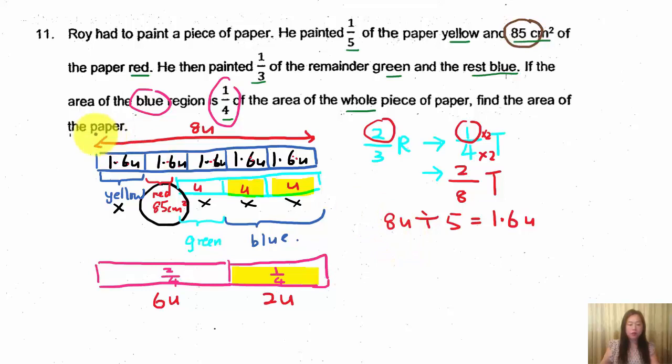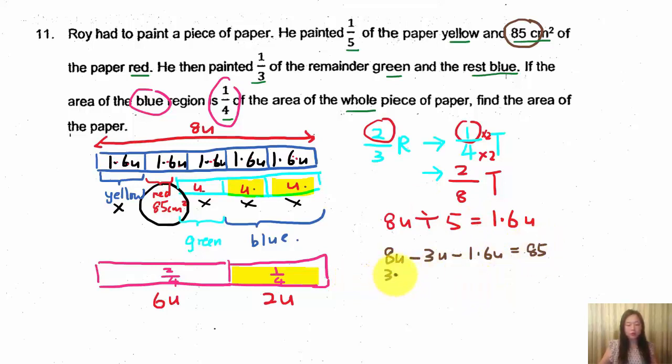So if this is 8 units, if we minus the 3 units here and the 1.6 units here, it will be the red portion here, which is equals to 85 cm square.